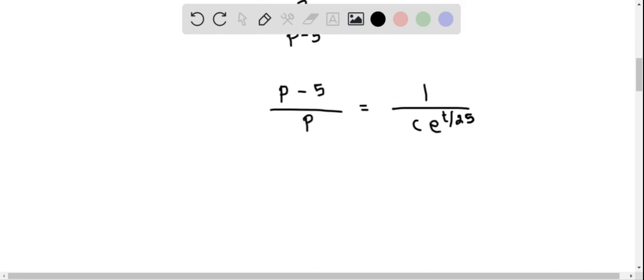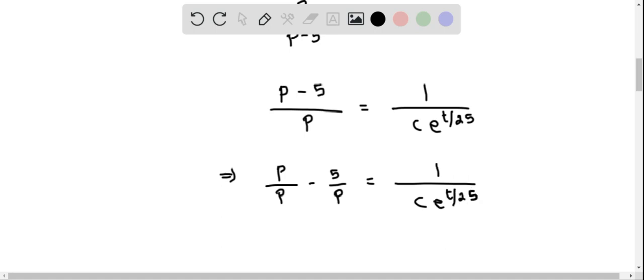And thus the left side expression can be written as p by p minus 5 by p, and this equals 1 over c times e raised to the power of t by 25. And this reduces to p by p is 1 minus 5 by p, and this equals 1 by c e raised to the power of t by 25.